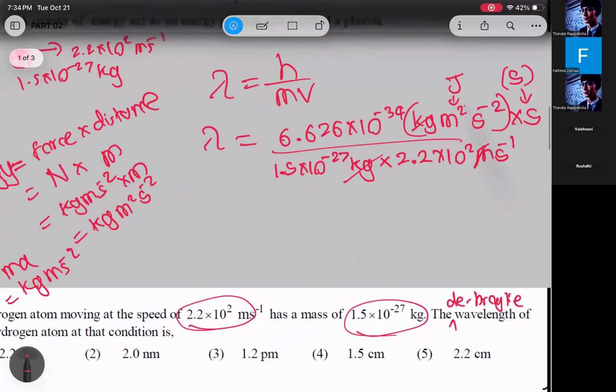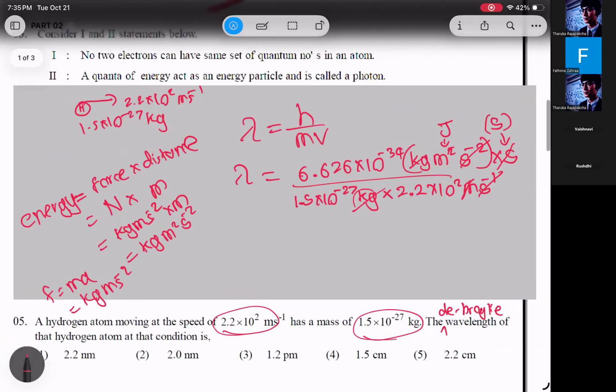Meter and meter cancel off. This per second and this per second squared and this second, everything will cancel off. We will get meters at the end. This thing is very sensitive, because in case they don't give kilograms here and give grams instead, what are you going to do? You won't have any issue if you know how these units work, how joules can be converted to kilogram meter squared s^-2. You need to know a little bit of physics, otherwise it becomes difficult.